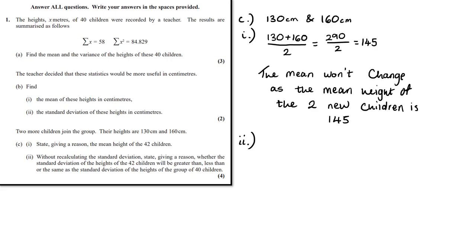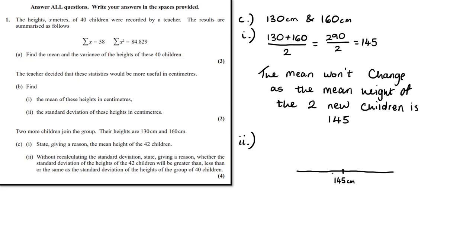So, where do we begin with this? Well, let's just think about this on a number line, essentially. So I'm going to do a very rough sketch. Now, we know our mean height here was 145 centimetres. Now, what we're going to do here is consider this within 1 standard deviation.